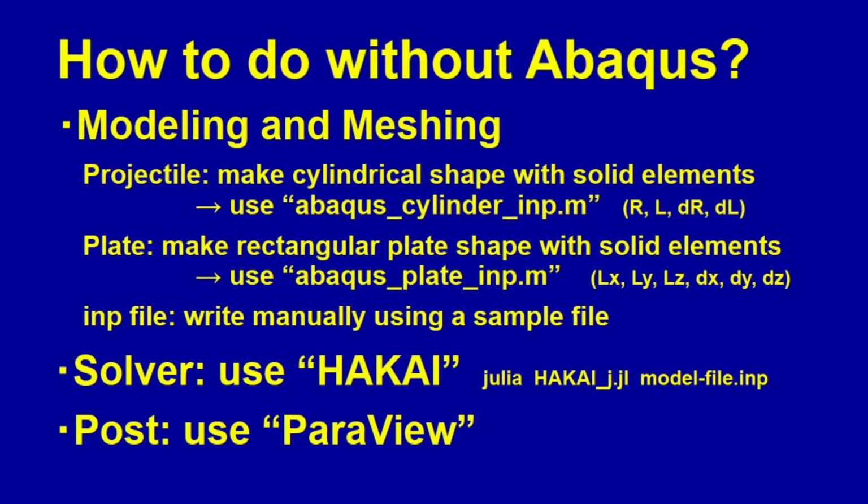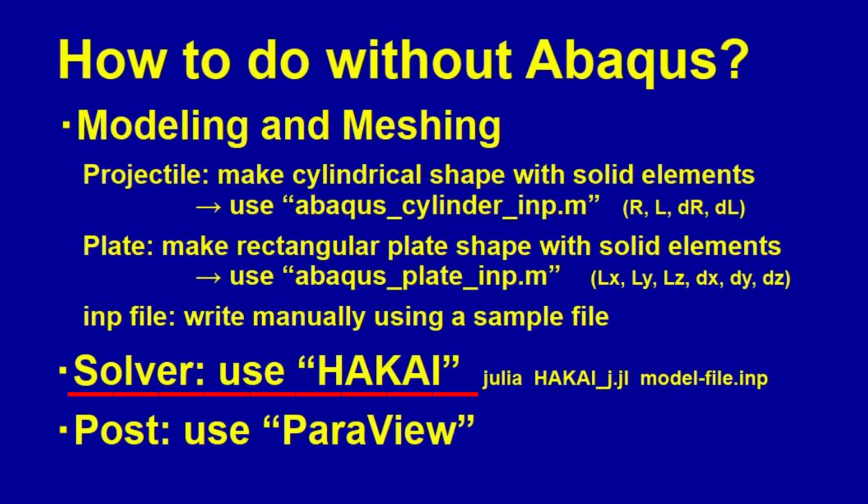So now we got the nodes and the element data. We can make the Abaqus inp file manually by adding other analysis information like material properties, initial velocity conditions, boundary conditions, step size, and more. Next, for the solver, I use HAKAI, which is a simple FEM dynamic explicit solver.